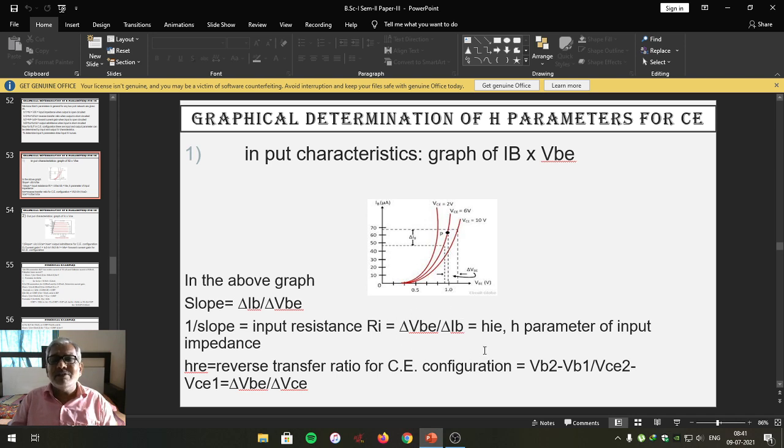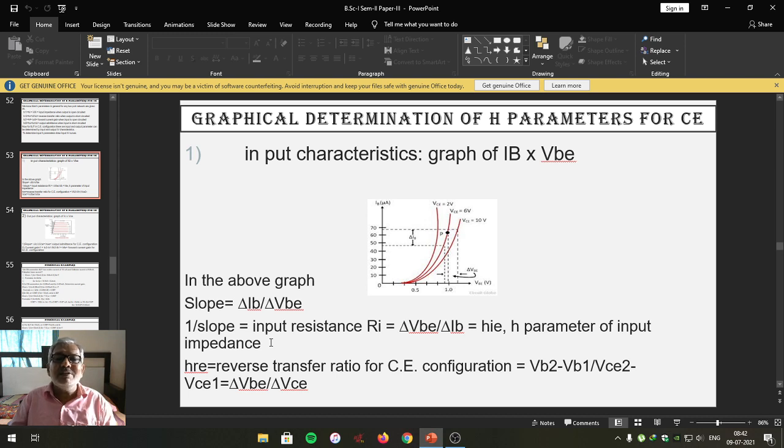The same parameter, here we call it now hie. H for hybrid, I for input impedance, and E for common emitter. This is the meaning of the terminology. So hie is the H parameter of input impedance.